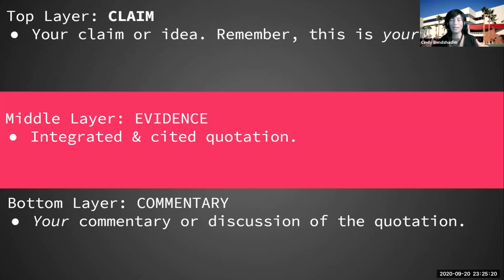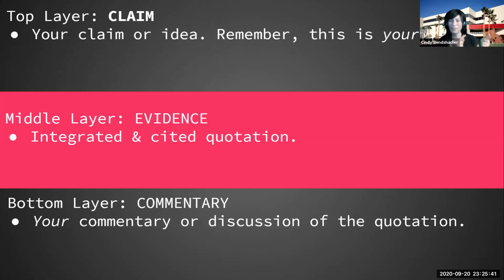You make that claim, and then the middle layer of that sandwich is evidence that you're using to support it, evidence that you got from your reading or your research. That textual evidence can be a paraphrase or a summary as well. I keep talking about quotations, but just be aware it could be a paraphrase or summary.